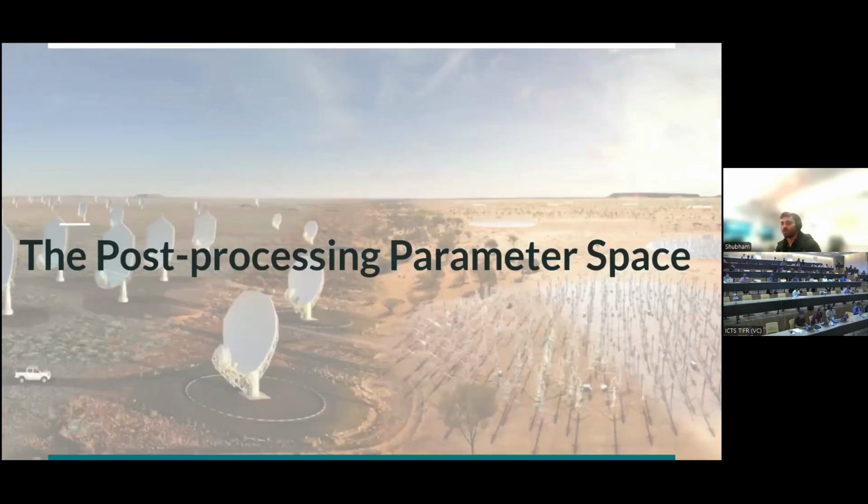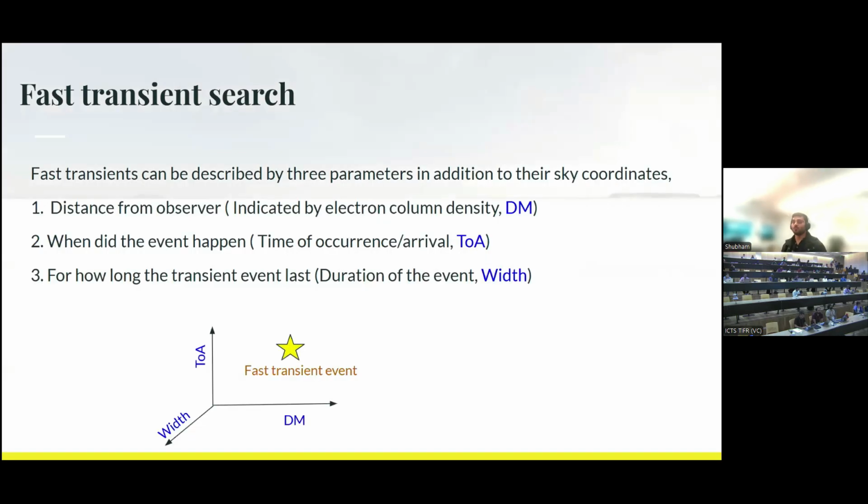So I will start by introducing the post-processing parameter space. A fast transient event is described by three parameters in addition to its sky location. These three parameters are DM, time of arrival, and width of the pulse.